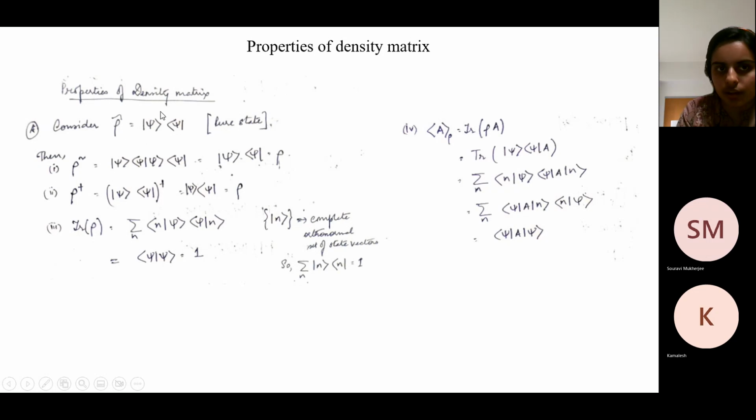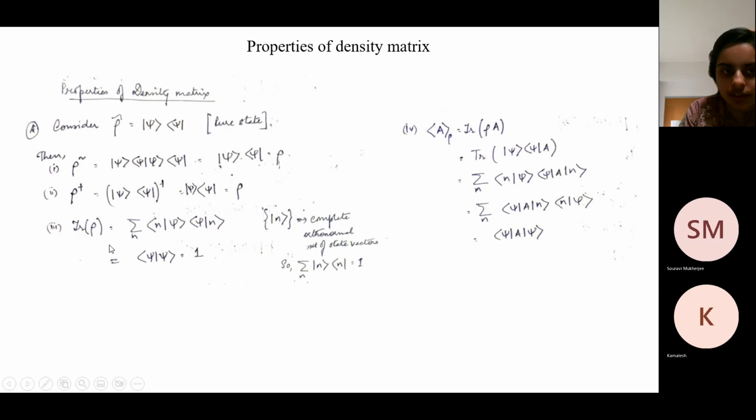Now the properties of the density matrix for a pure state: if you do rho square, it will be equal to rho. And the Hermitian conjugate is equal to rho.